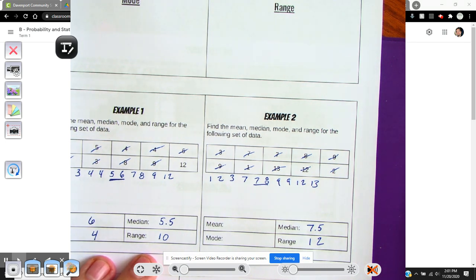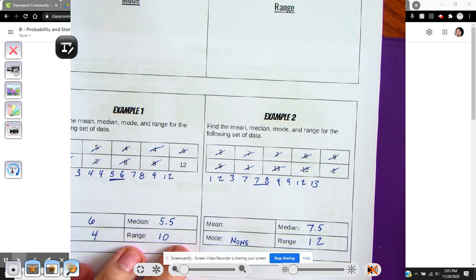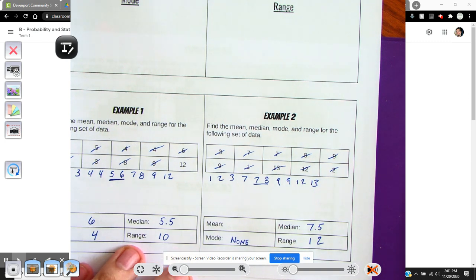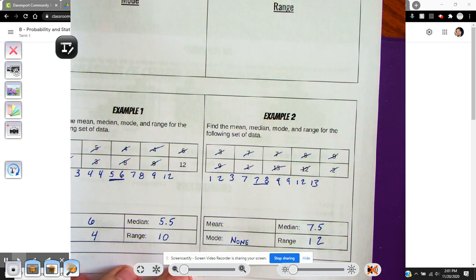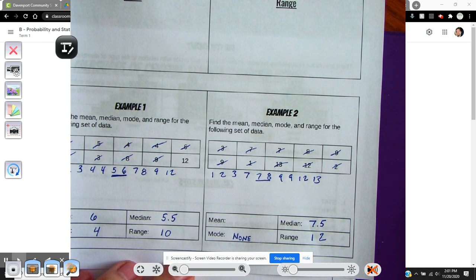So because there is not a single number that appears the most, we have no mode. We have none. Here's the thing. If you do not have a mode, never put a 0 for mode, because that tells the reader that your mode is the number 0. So always put none, put NA, put something like that.